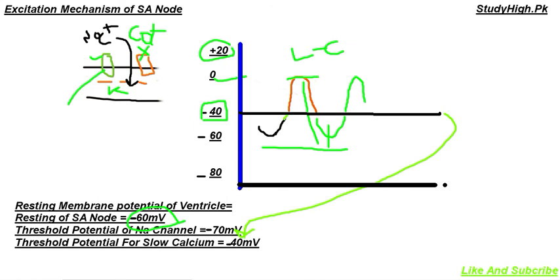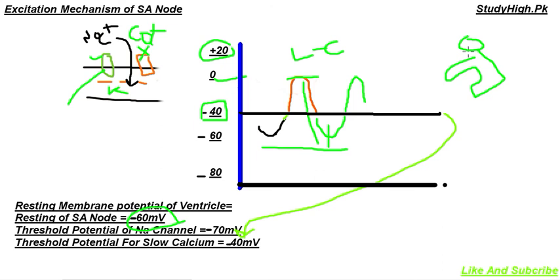And the SA node does not depend on any other cell for generation of action potential. That's why when animals are killed, the heart will continue to contract after death.